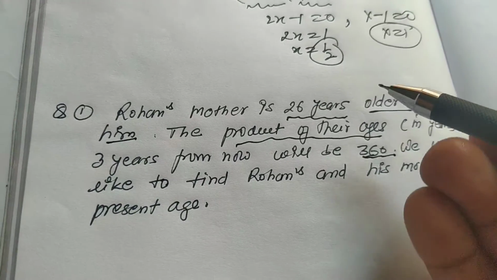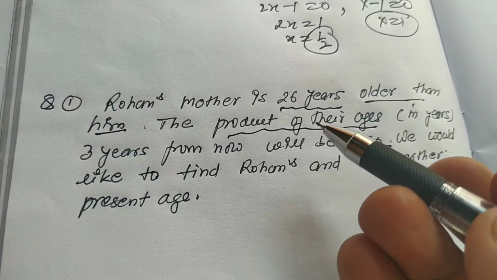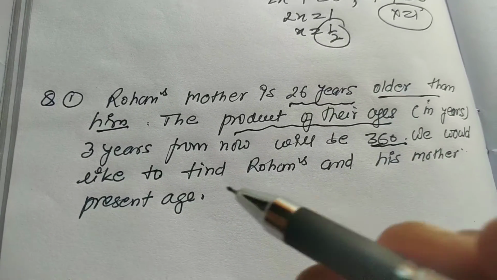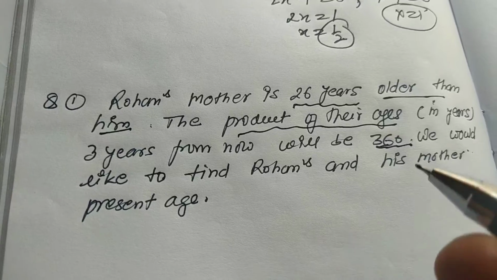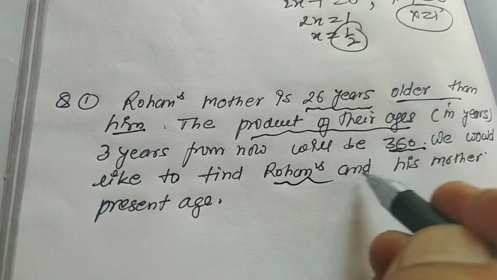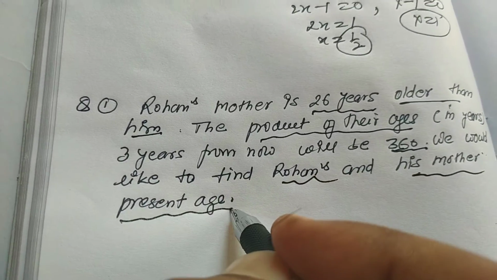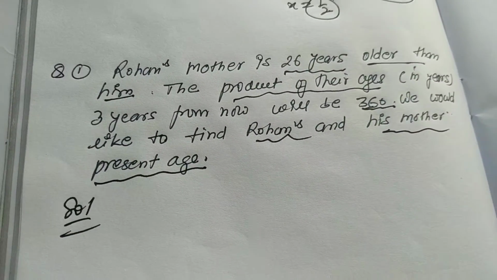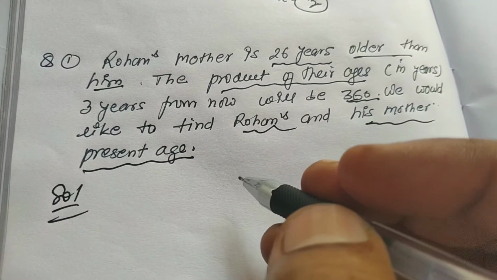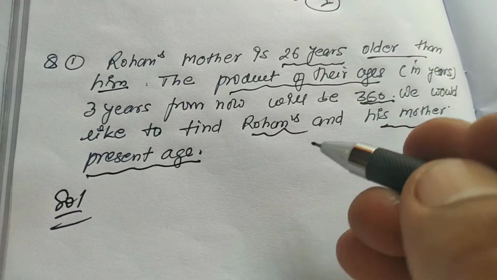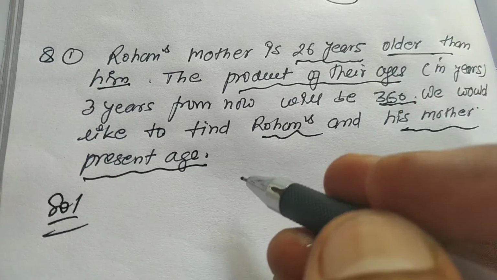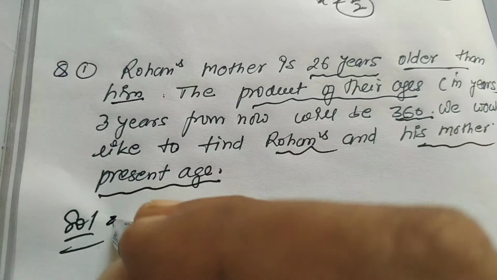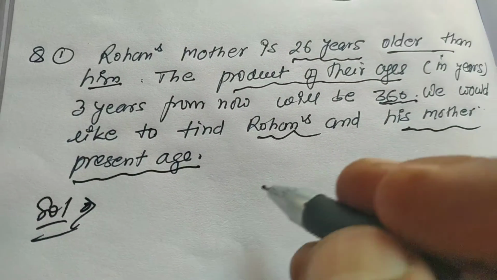So there are two situations. The first situation is that she is older than him, and the second situation is that the product of their ages is 360. So we would like to find out Rohan's and his mother's present ages, right? We can solve it by linear equations also, but we try to sort out the problem by one variable equation.